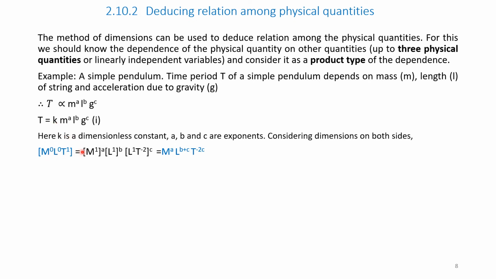K does not have any dimensions. Mass is M to the power of A, length is L to the power of B, and gravitational acceleration g is L¹ T to the power of minus 2.